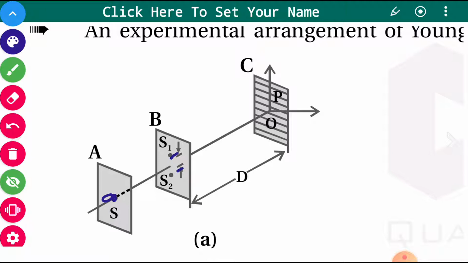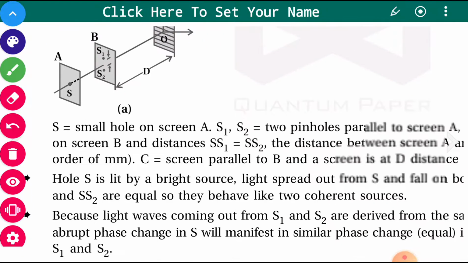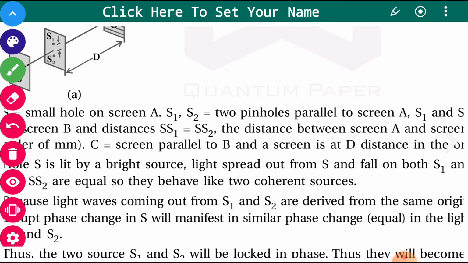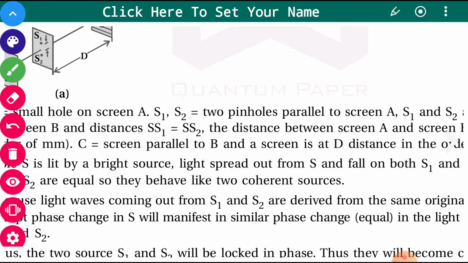Now what will happen? The light will be incident from this and it will pass through S1 and S2. So the wavefront will be divided. The two pinholes are parallel to the sheet A.